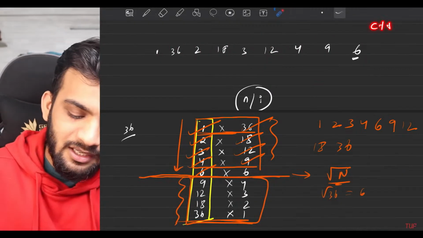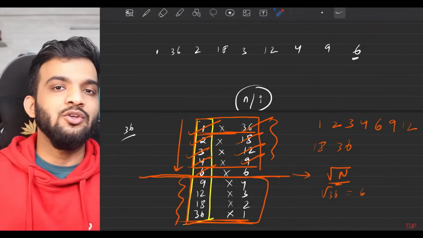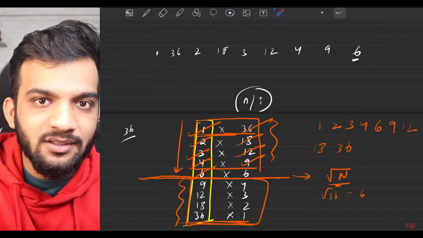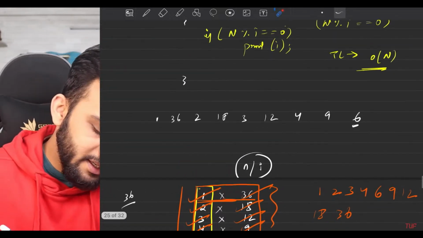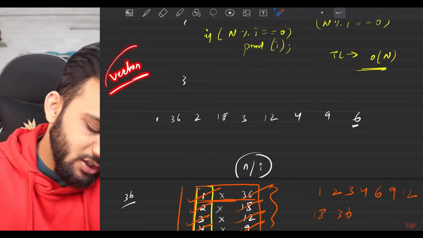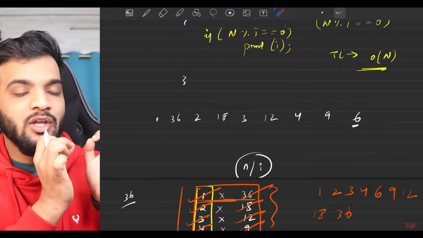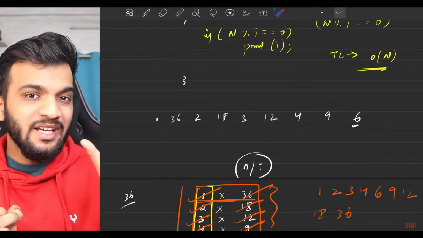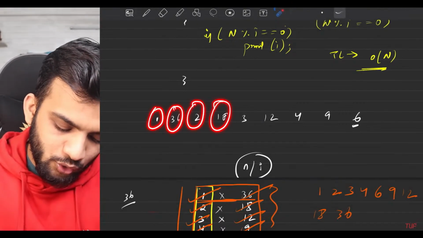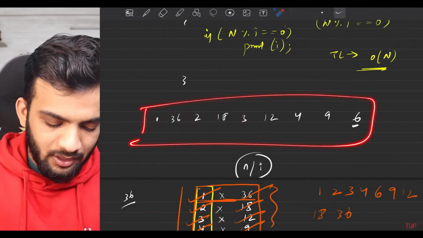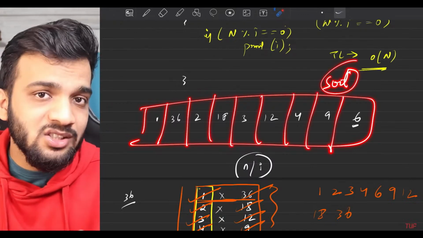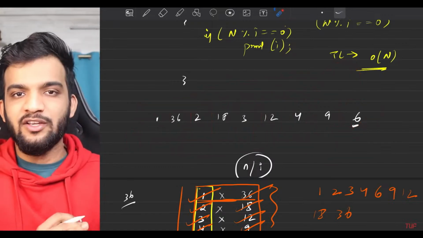And if you have seen the C++ STL video, you know which data structure you can use. You do not know what will be the number of factors. So the data structure that you will be using is a list in Java or a vector in C++. You cannot define the size of the data structure. In that list, you can store everything. Once you have stored in the list, sort the list, and you will get everything in sorted fashion.